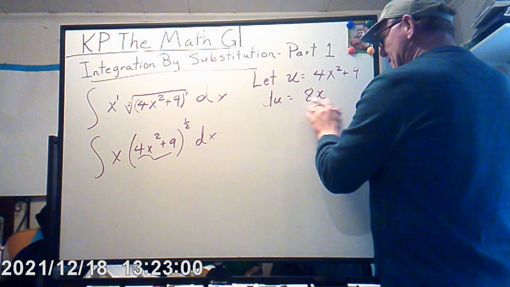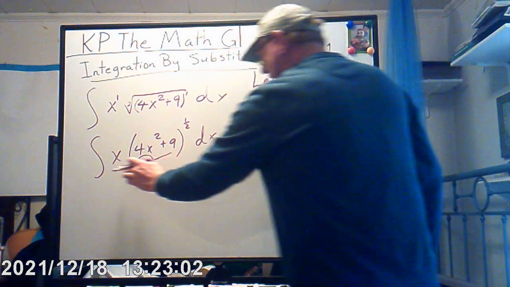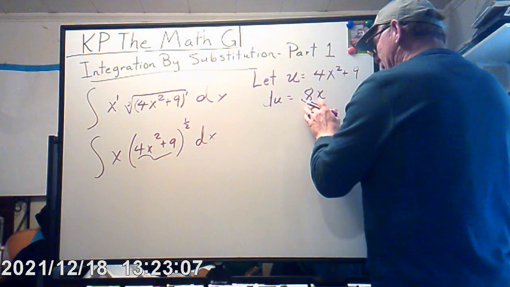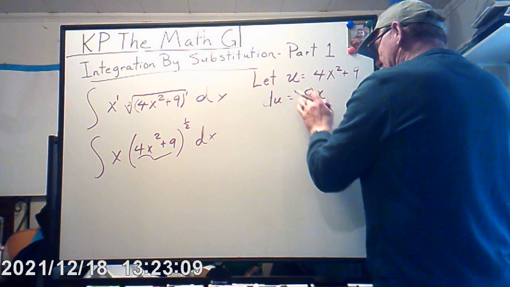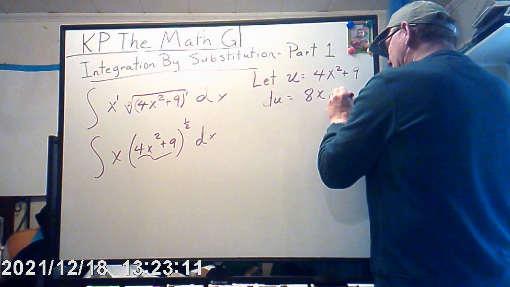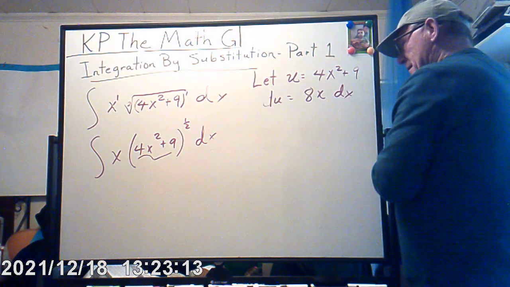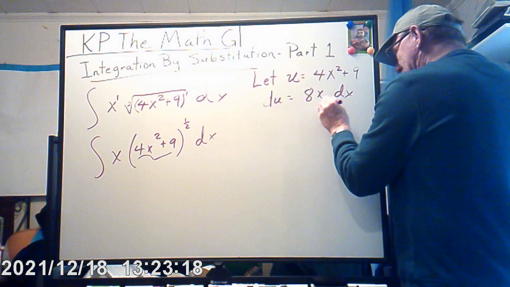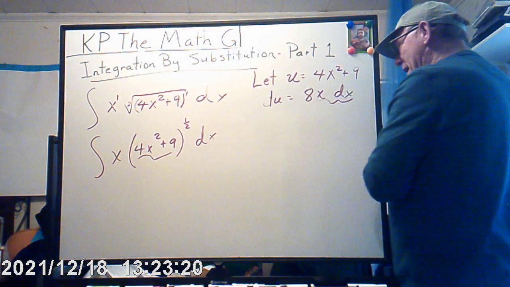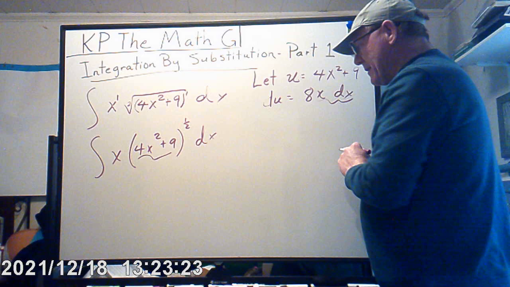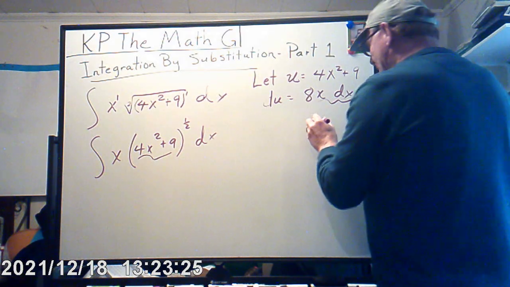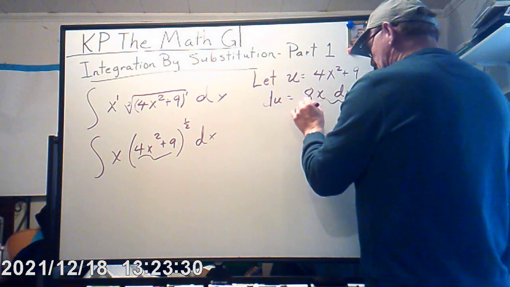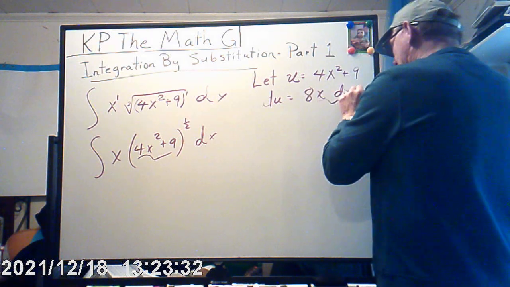Now look, here we have 8x, here we have x. I can get rid of this 8. I have x dx. If I can get that just by itself, I'll be all right. Well, if I either divide by 8 or multiply by 1/8, either way I'll do that.